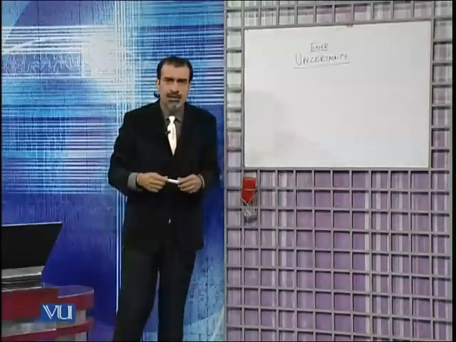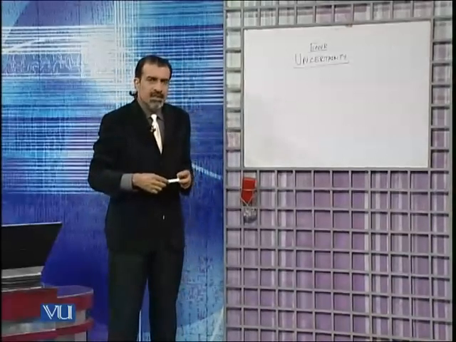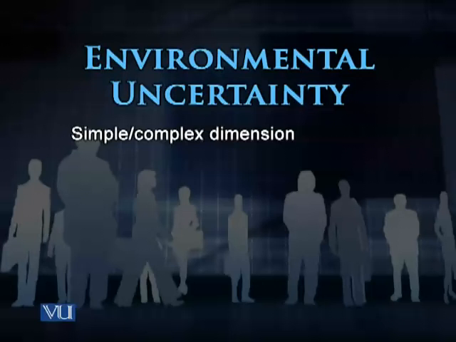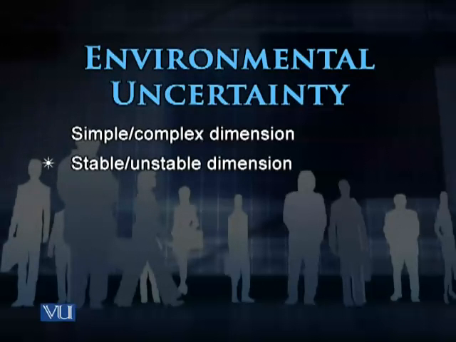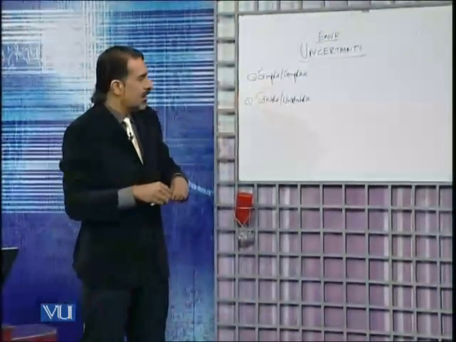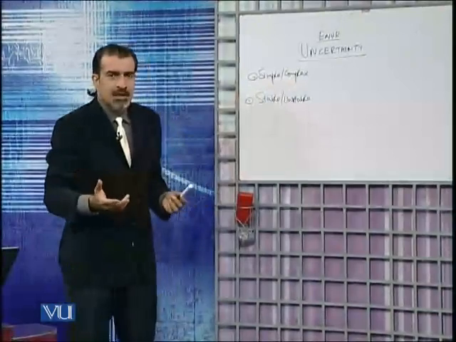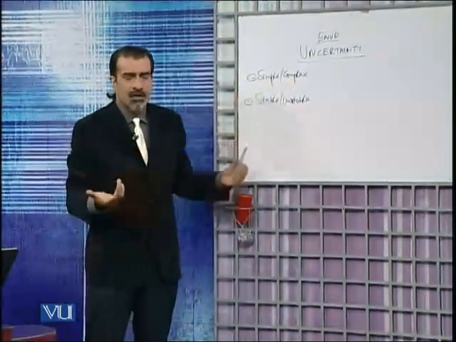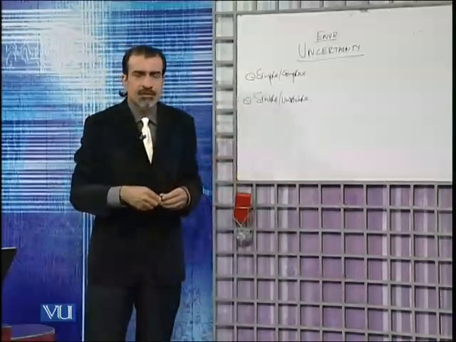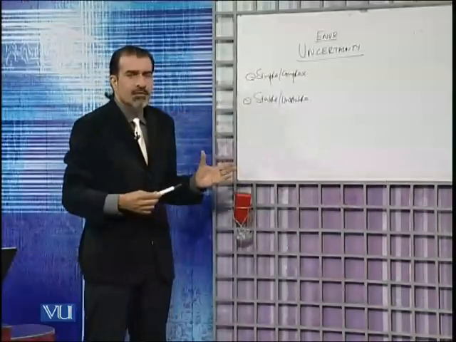To understand the issue of environmental uncertainty, we need to understand two frameworks. One framework is called the simple-complex framework, and the other is called the stable-unstable framework, which means basically that an environment can be simple or complex, or it could be stable or unstable. Now we have to understand what a simple and what a complex environment is.